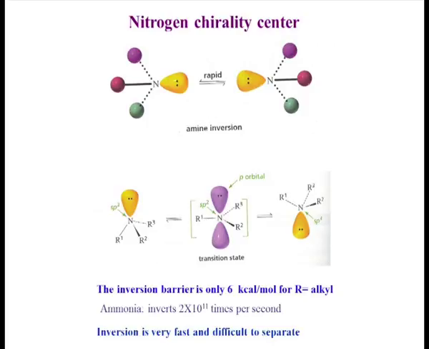What is the problem? The problem is that you cannot catch one of these enantiomers from this rapid equilibrium. Whenever you want to get one, it is getting converted to the other. So, overall the two enantiomers are not separable, and the result is racemic.